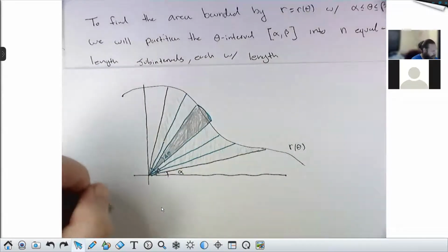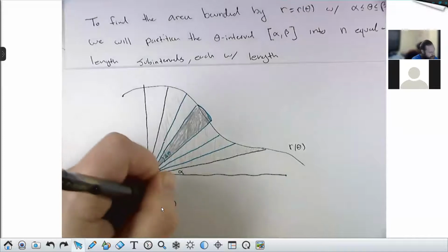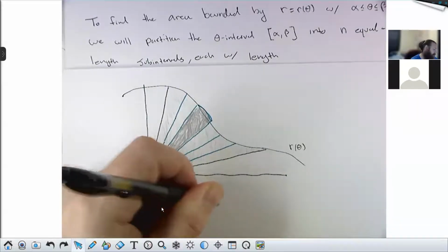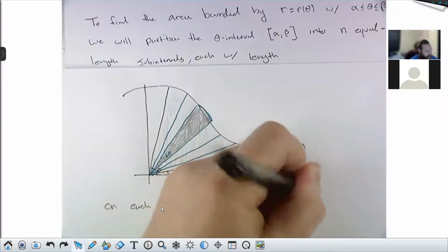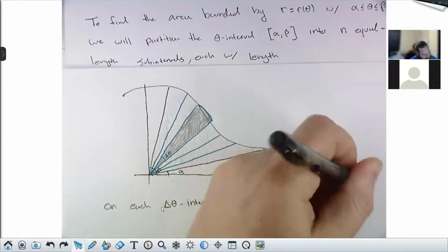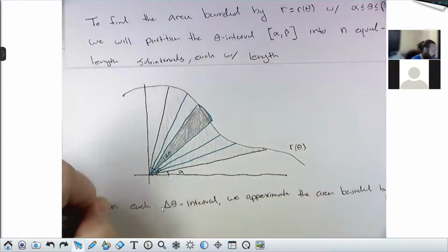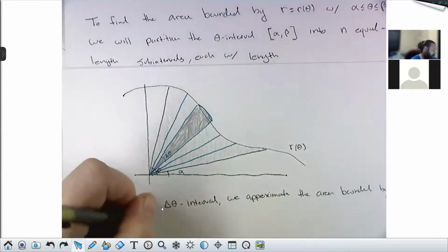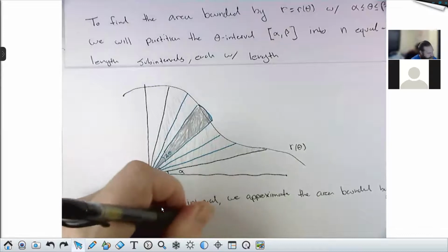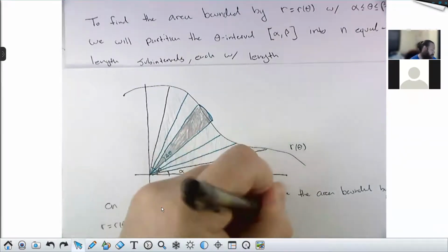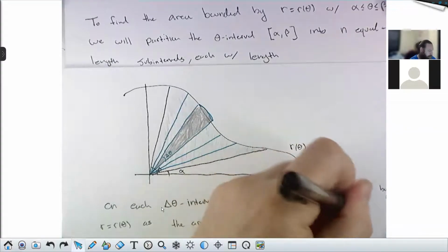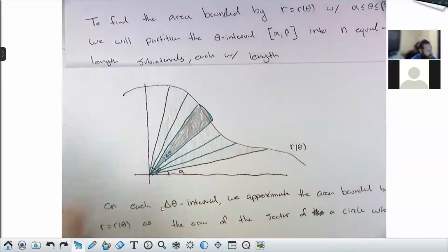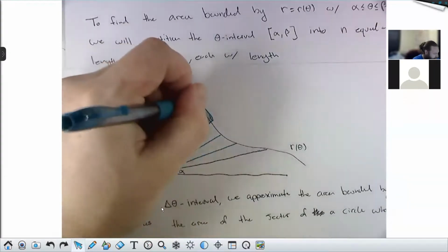So on each delta theta interval, we approximate the area bounded by r equals r of theta as the area of the sector of a circle whose radius is this, right?